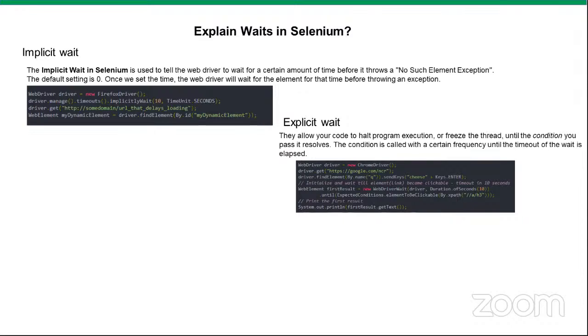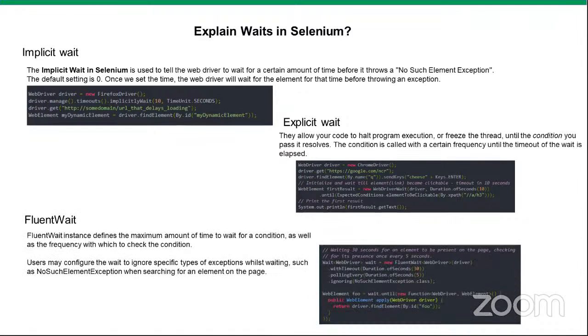There is an expected conditions class in Selenium, which can be used to provide different conditions. This explicit wait is applicable for elements. It is an intelligent wait where we can provide conditions using the expected conditions class.